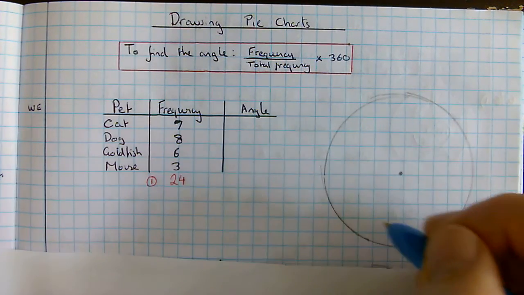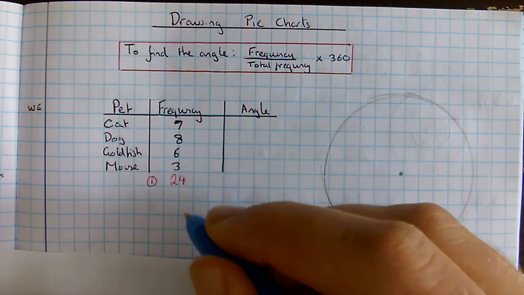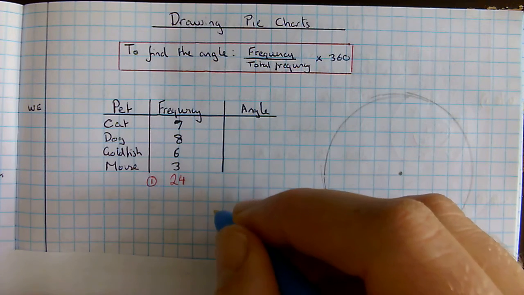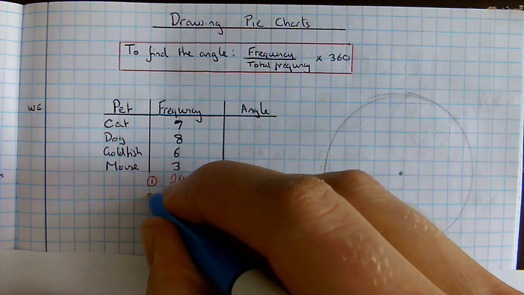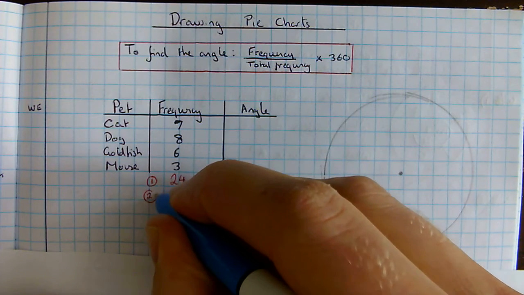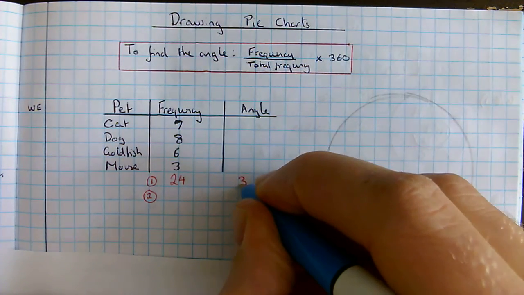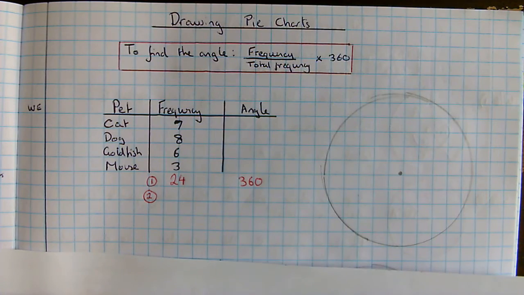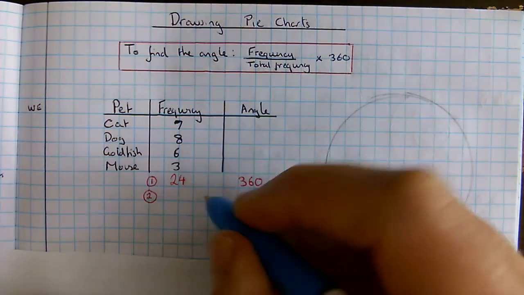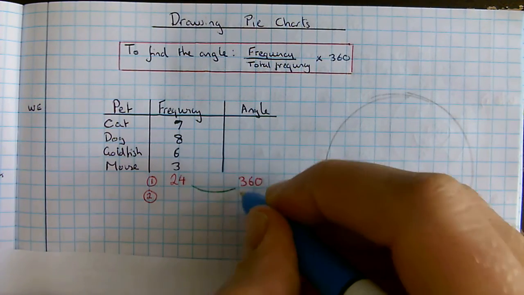Now, I'm going to need to share out the entire circle between those 24 people. So I know there's 360 degrees in a circle. So the second thing I'm going to do is work out, I know that my total angle has to be 360. So what I'm asking is, what do I multiply by to go from 24 up to 360?